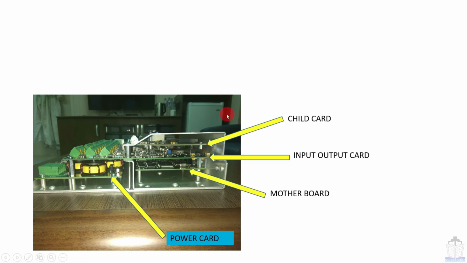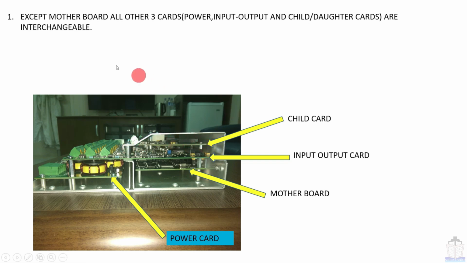Now here we are going to discuss some fundamental things. So the first one is, except the motherboard, all three cards, meaning power, input output and child or daughter cards, are interchangeable, meaning you can interchange these cards from one MPC to another MPC. These are not recommended, but all these things you can do only in case of emergency.